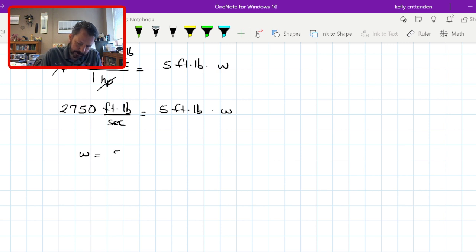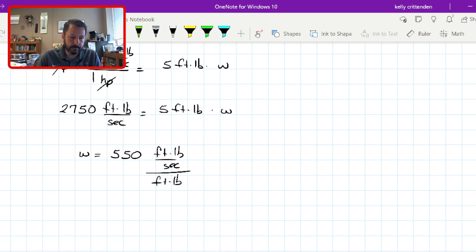Yes, I think that's right. I need to get a calculator. I don't see one handy. I think that's right, 550. The units on that would be, I took foot-pounds per second and divided by foot-pounds, so I end up with radians per second, right? 550 radians per second.